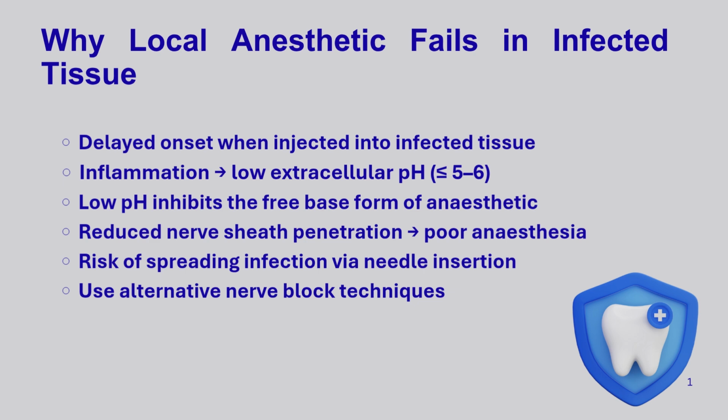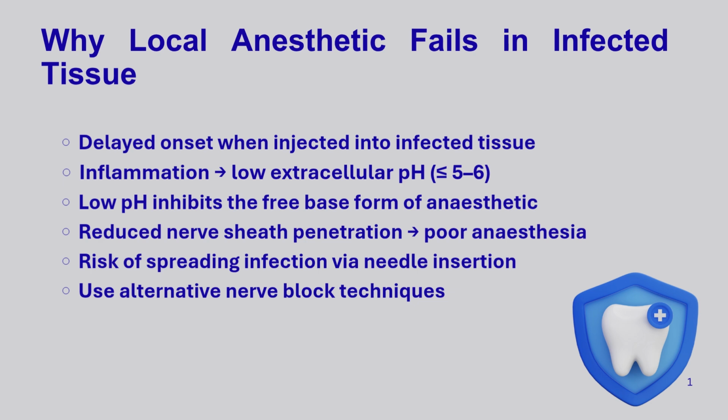Why does local anesthetic fail in infected tissue? In normal tissue in our bodies the pH is 7.4. In case of an inflammation the pH will fall to probably 5 to 6. And with this low pH, we know that the anesthetic is alkaline, so it will not be transferred due to the presence of the acidic media.